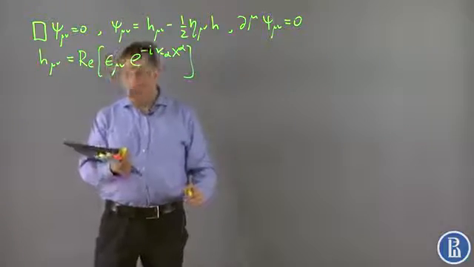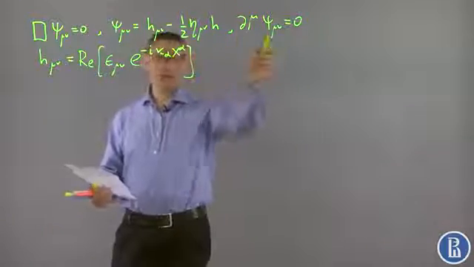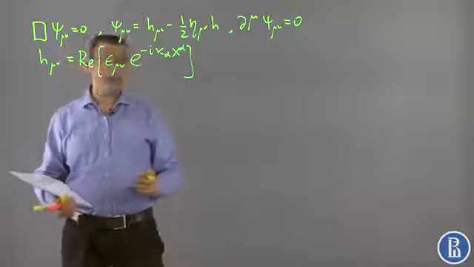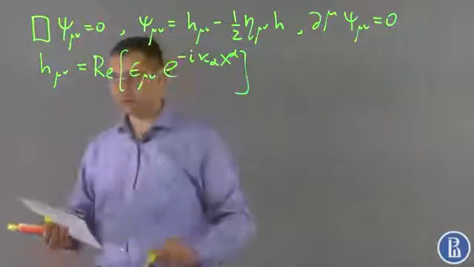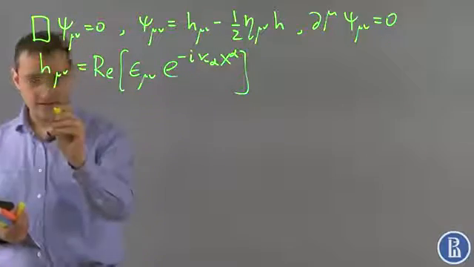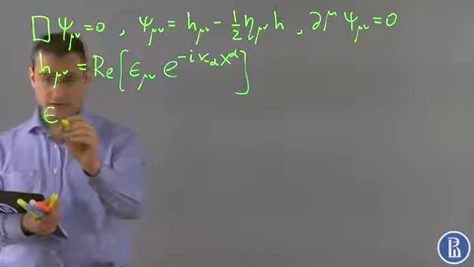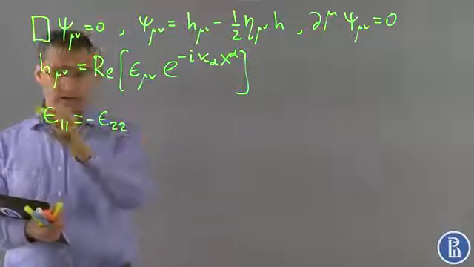So what we have found, after fixing this gauge and using remnant gauge transformations due to harmonic solutions of the box operator, is that this tensor has the following non-zero components: epsilon 1,1 is minus epsilon 2,2, and epsilon 1,2 is epsilon 2,1.